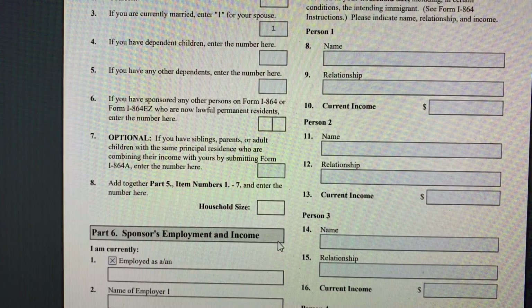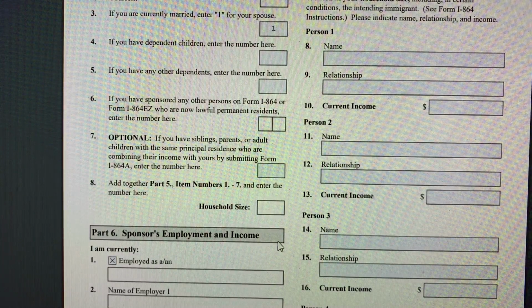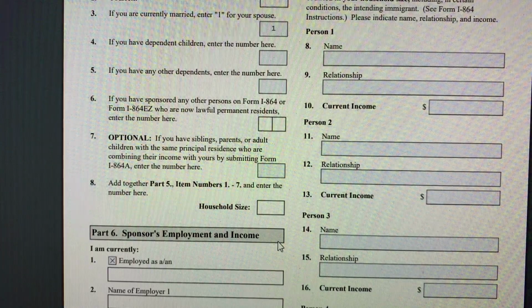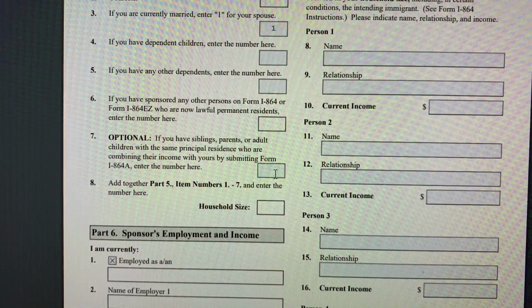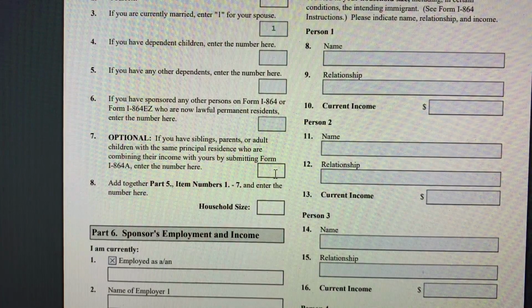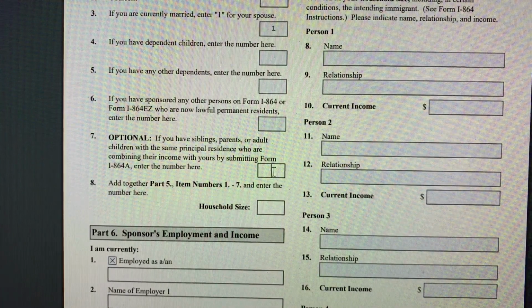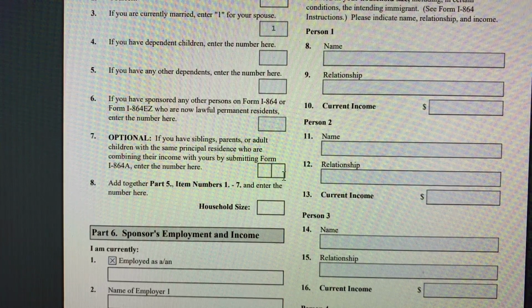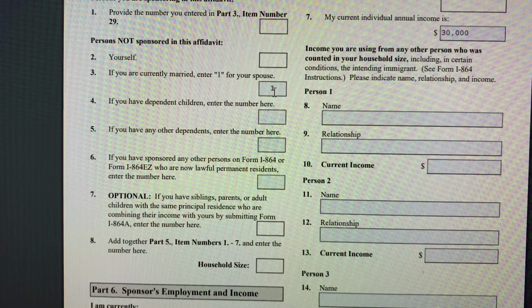Optional. If you have siblings or adults in the same principal residence whose income you're combining, enter the number here. So guys, just like what I said, this is case to case basis, so you don't need to follow mine. Add together Part 5, items 1 to 7, and enter the number here.